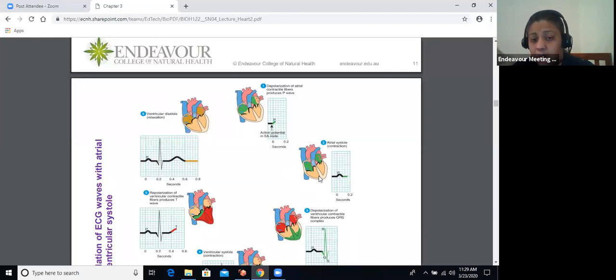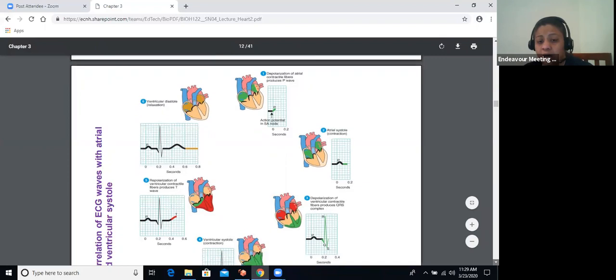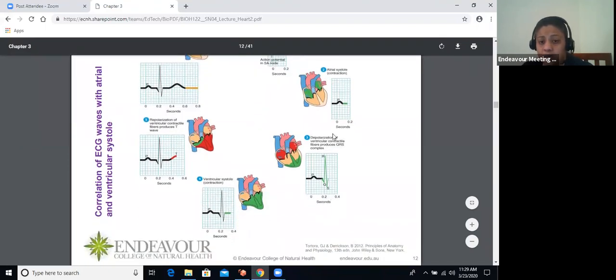Once the blood is in the ventricles, the ventricular depolarization begins and the ventricles will begin to contract. Here you can see how the QRS complex forms. The ventricles filling up create the negative Q wave; you can see it's a negative wave over here.